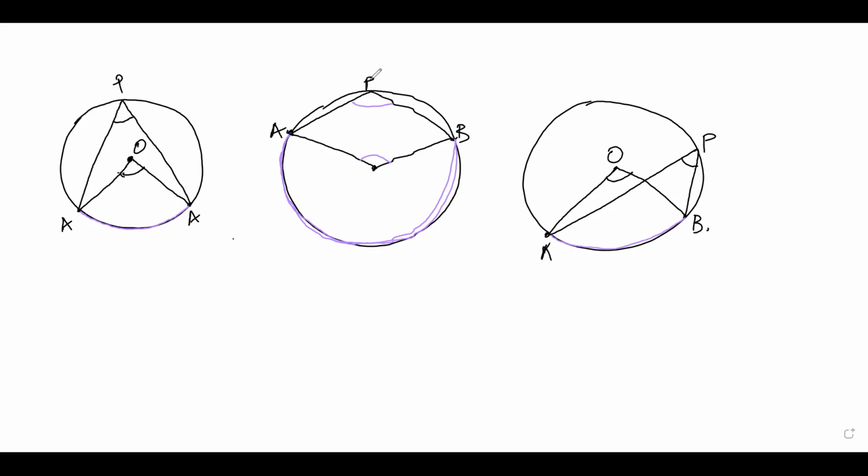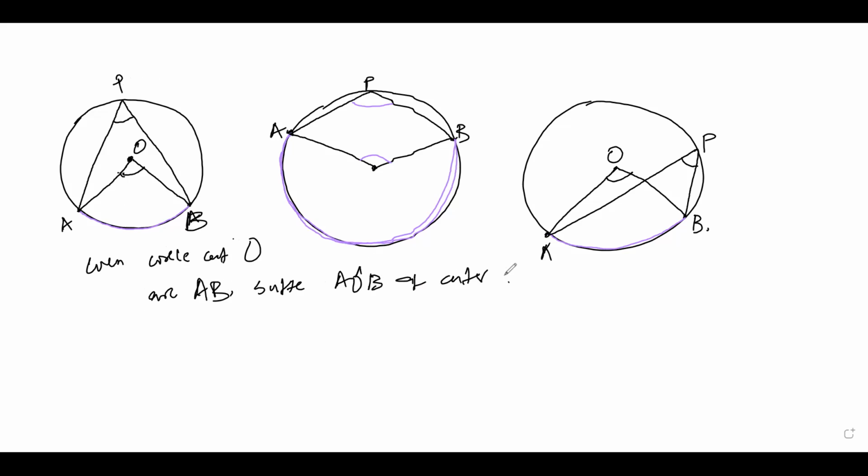Okay, so the theorem says the angle subtended by an arc at the center of a circle is double. So you are given a circle with center O, right? And you are given an arc AB that subtends angle AOB at the center, and it subtends APB at the circumference.